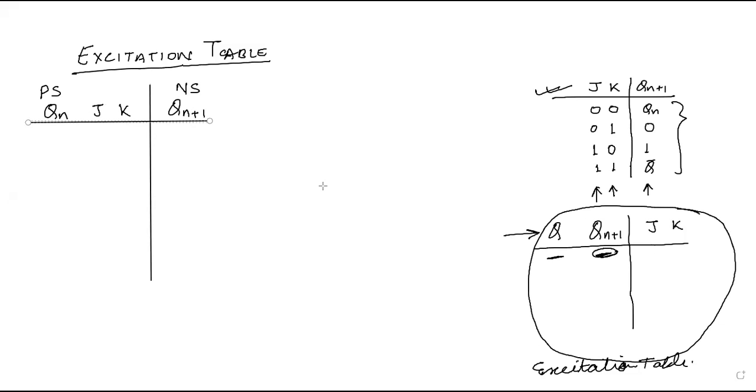Yes, sir. Okay. So if we have 3 input variables, then the number of possible combinations will be 8.